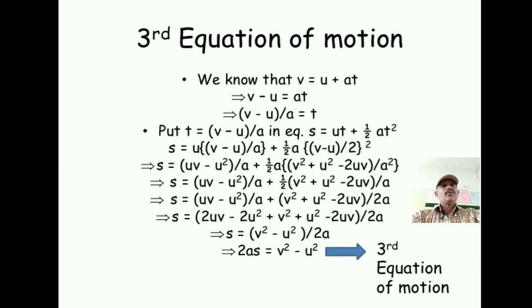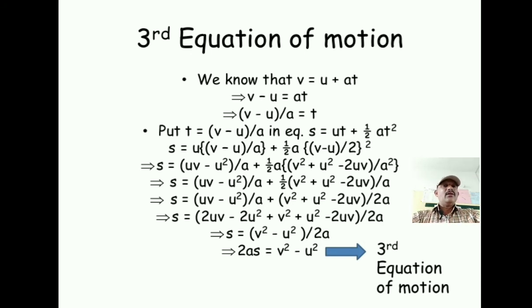First we know that v = u + at, which can be written another way as v − u = at. Next, (v − u)/a = t.